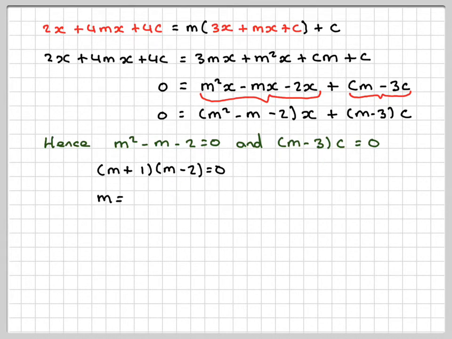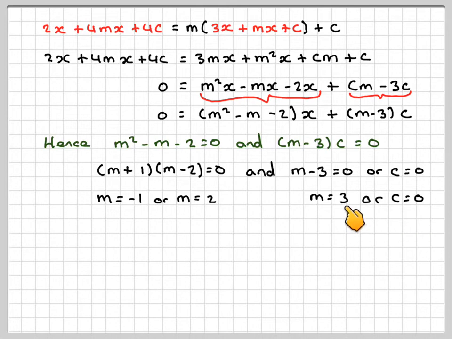Here we can say m is minus 1, or m is equal to 2, and then m minus 3 equals 0, or c equals 0, which will give m is 3, or c is equal to 0. But m equals 3 cannot be a solution, because if I put that in here, it won't be equal to 0. So c must actually be equal to 0 for this statement to be true.